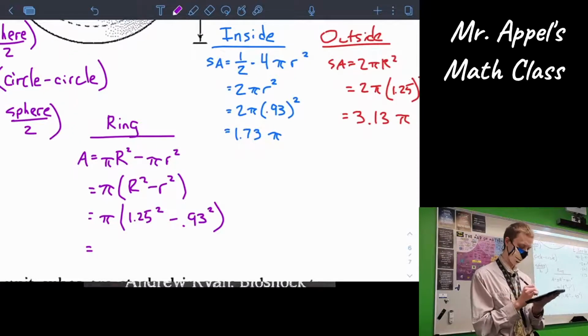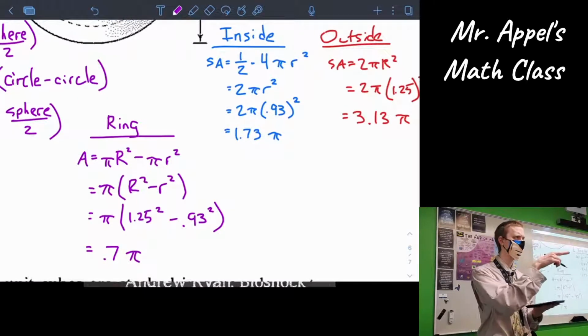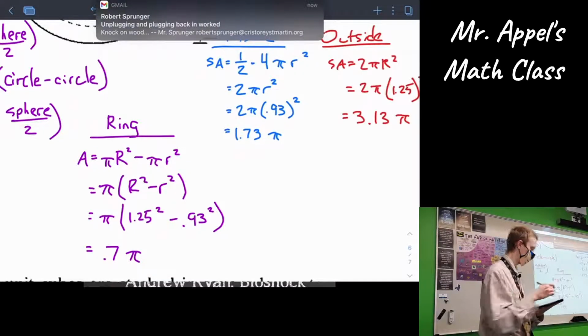0.7? Have somebody confirm? You got the same thing? Yeah?